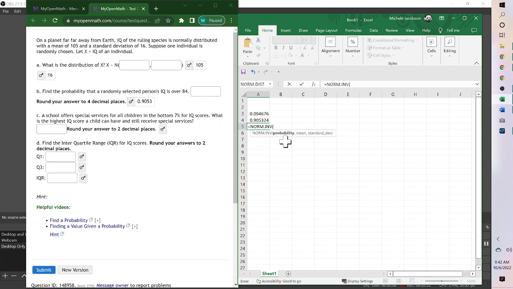That one has the probability, and again, it's the percent below. And this says bottom 7%, written as a decimal, 0.07, comma, the mean, 105, comma, standard deviation of 16. This one doesn't need the 1. And you hit enter.